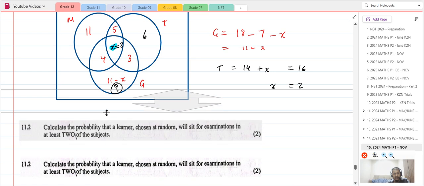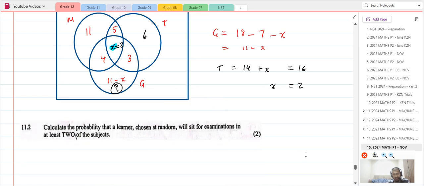Calculate the probability that a learner chosen at random will sit for examination in at least 2 of the subjects. At least 2 of the subjects means 2 or 3.